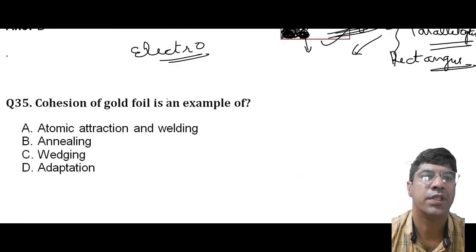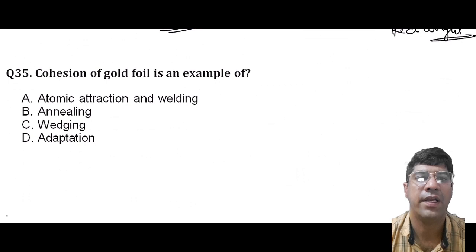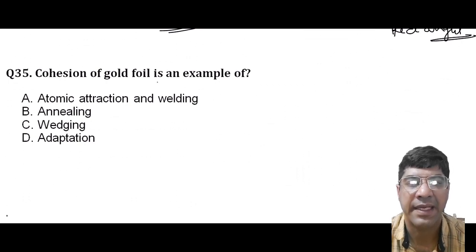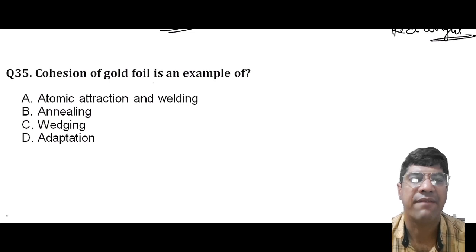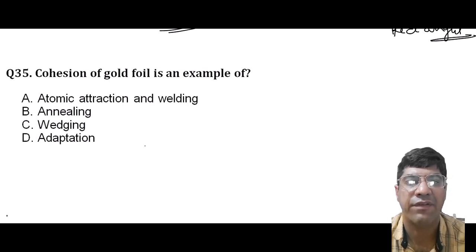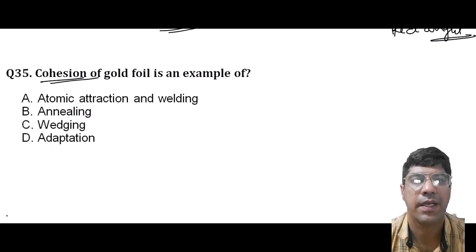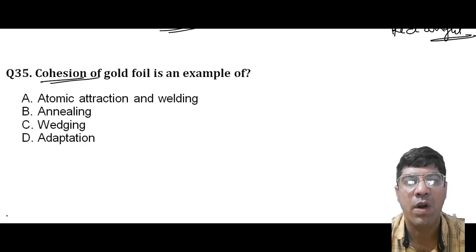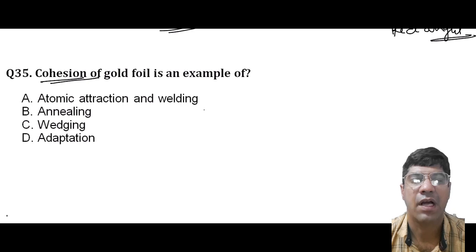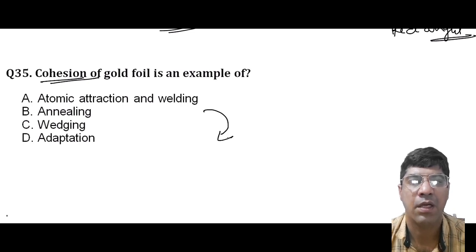Moving to the next question, the cohesion of gold foil. Cohesion refers to the attraction of atoms or molecules of the same substance, right? In the case of gold foil, this cohesion is achieved through atomic attractions, which is a form of bonding.